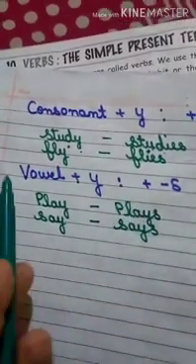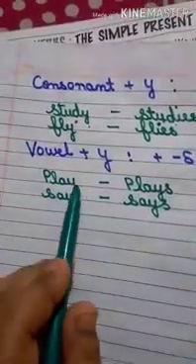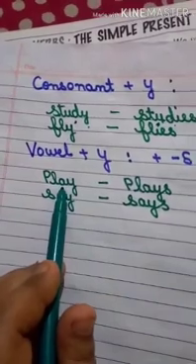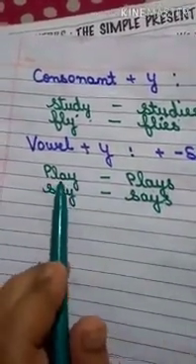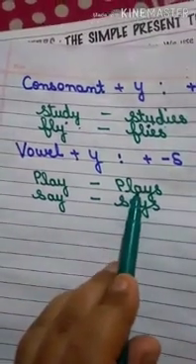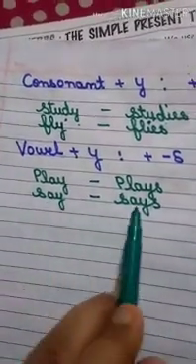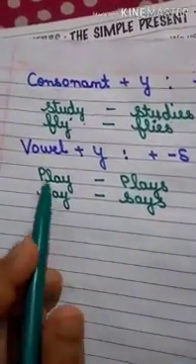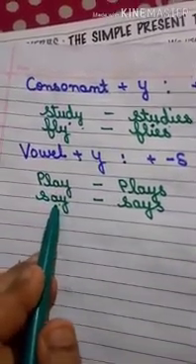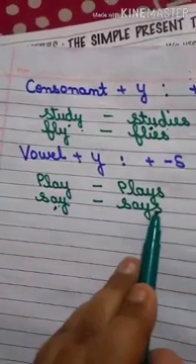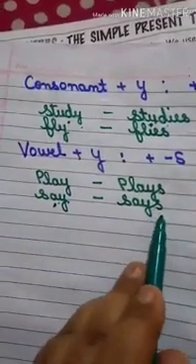We will not remove y. Here before y there is a vowel. So simply you add s. Play, plays. Say, says, because here vowel is there.